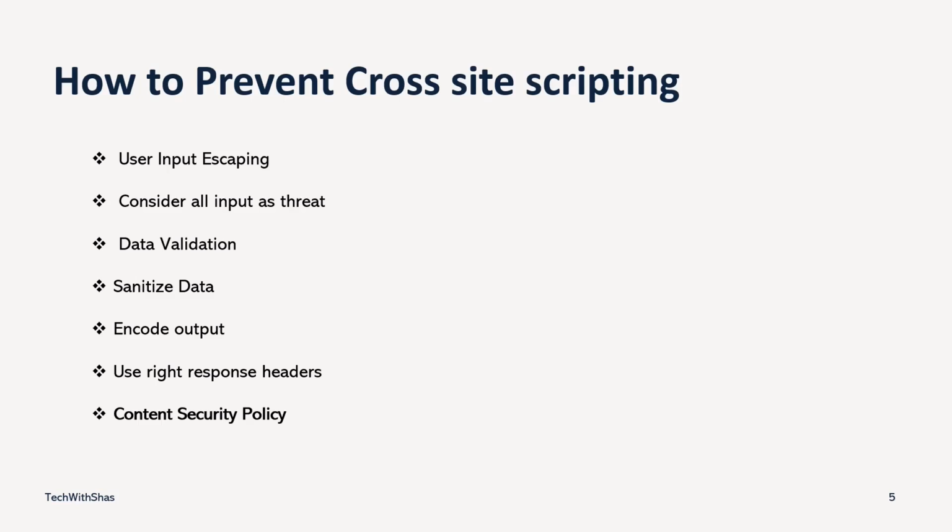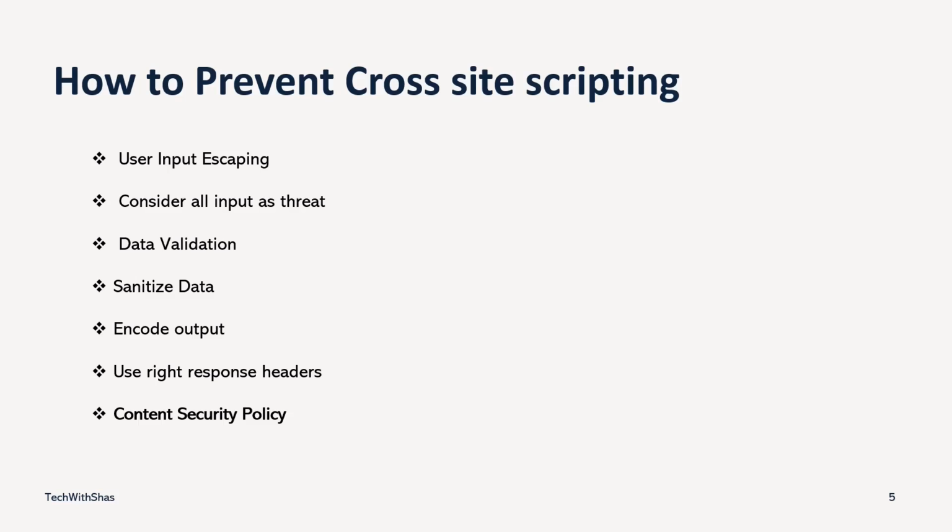Then whatever input we are getting in the application, maybe from a form or a text box, we have to validate it based on the business logic. And also, we have to sanitize data. Whatever data we are getting, we should validate it before moving ahead in the application.